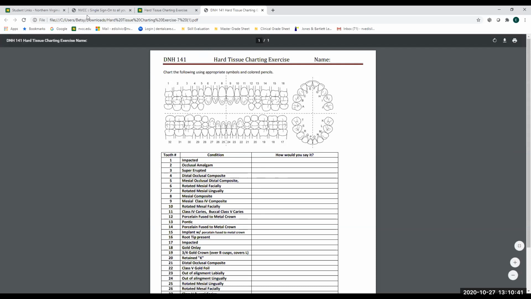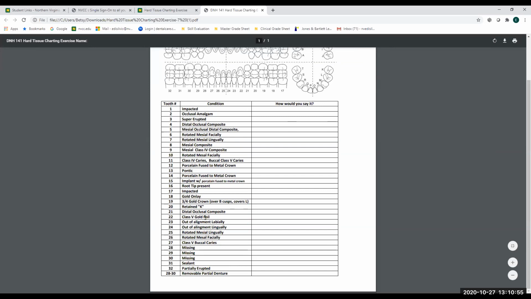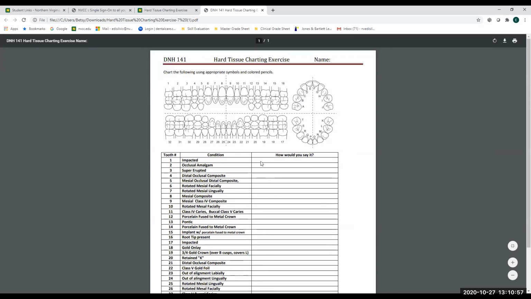So that is a DO composite. DO composite is how you would say it, and you draw in your DO composite on number four. So forth and so on. You're just going through each and every tooth. You're writing down how you would say it over on this left side or right side, and then you draw it in how you would draw it in.